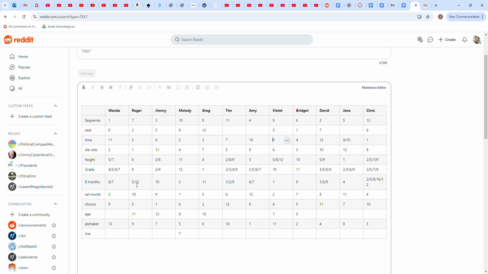We can also eliminate this 5, which means that we can say that Roger was definitely born in December. Why is that something that we might want to take note of?